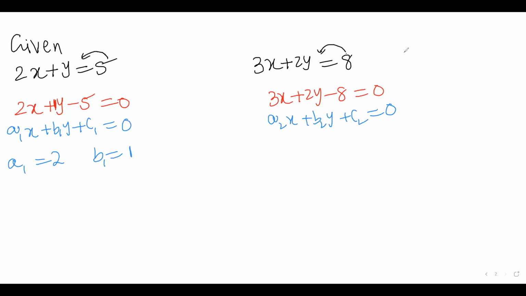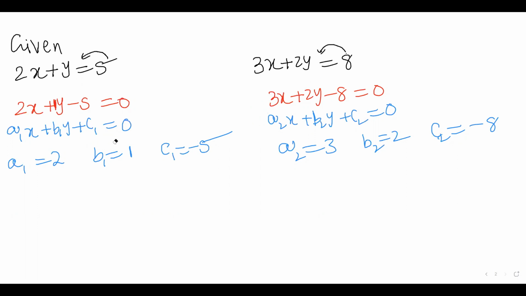Can you tell what is c1? c1 is minus 5. Compare both the equations and try to find a2. a2 is 3, b2 is 2, and c2 is minus 8.